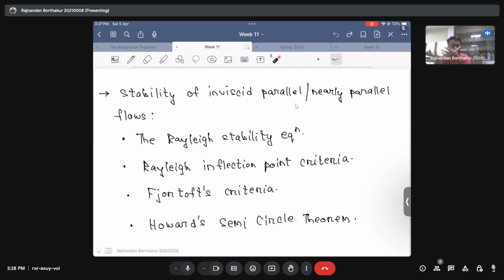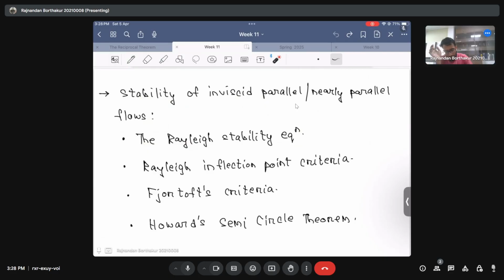The Rayleigh stability equation gives us the stability criteria for inviscid parallel flows, and as we will see later, the criteria come in the form of the eigenfunction of the stream function normal mode that we consider, and how the eigenfunction varies given that we have an eigenvalue c. In short, it determines whether a given inviscid or nearly inviscid parallel flow is stable or not.